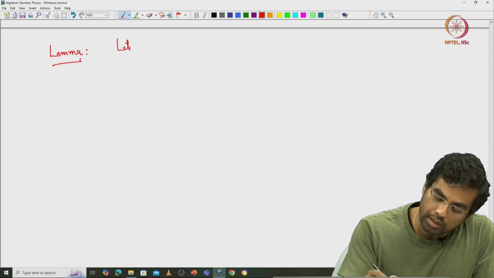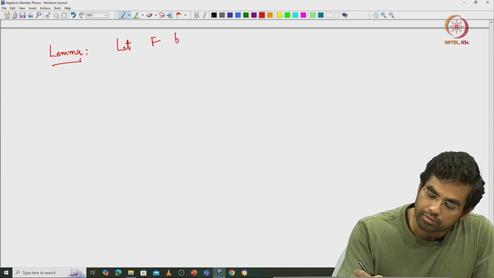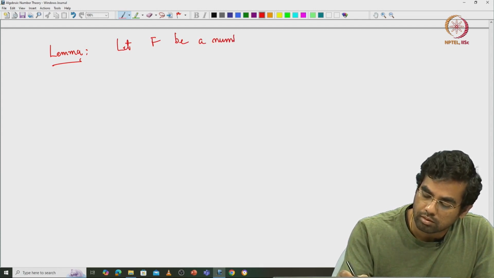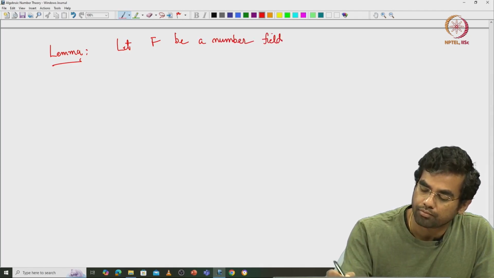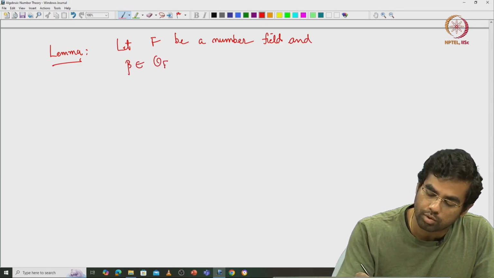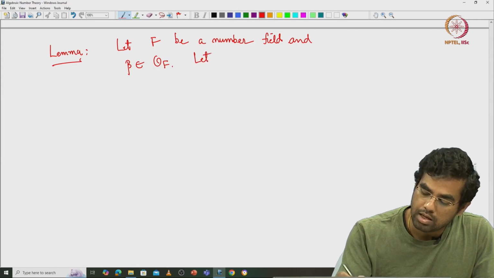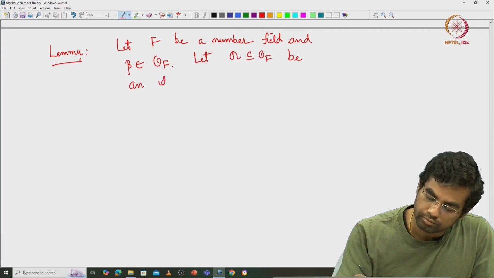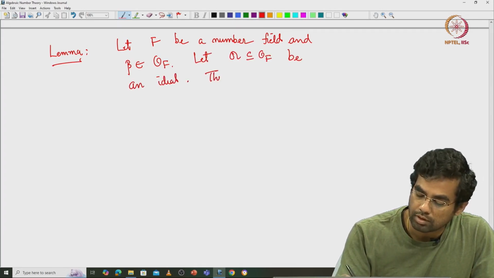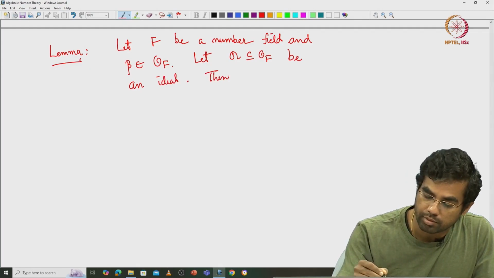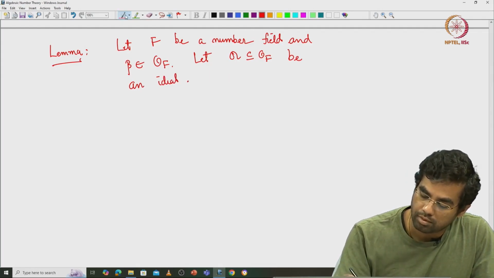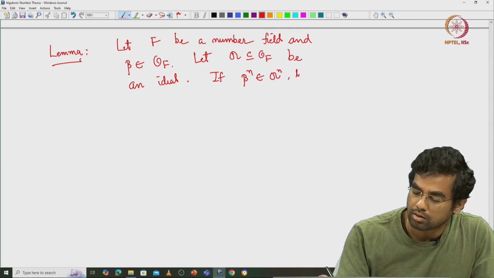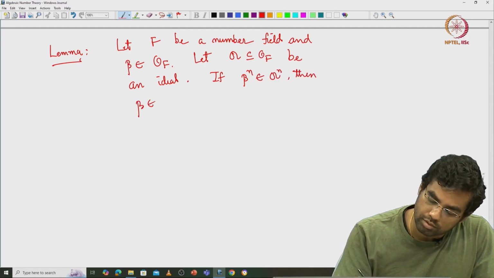So, let F be a number field and beta be an element in OF. Let A contained in OF be an ideal. Then, if beta to the n belongs to A to the n, then beta belongs to A.